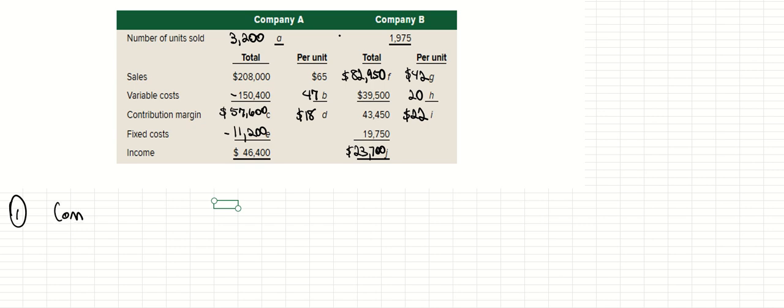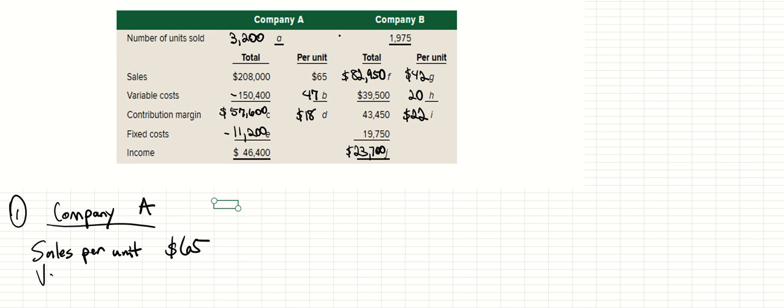So for company A, to figure that out, we're going to take the sales per unit of $65, subtract out the variable cost, I'm going to abbreviate it VC, per unit.